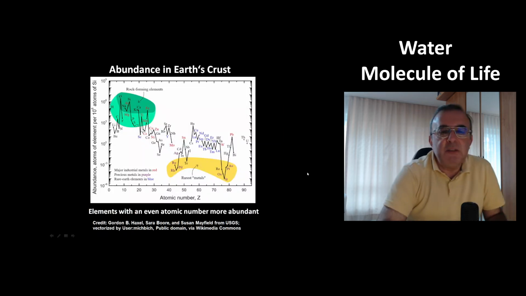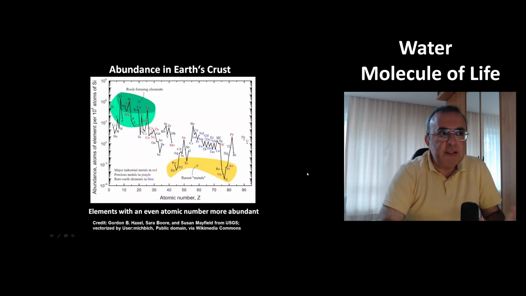This is a diagram of the abundance of the chemical elements in Earth's crust, and you can see a tendency. In general, elements with an even atomic number are more abundant, but there are exceptions. For example, hydrogen, lithium also quite abundant, chlorine, fluorine, and nitrogen also.